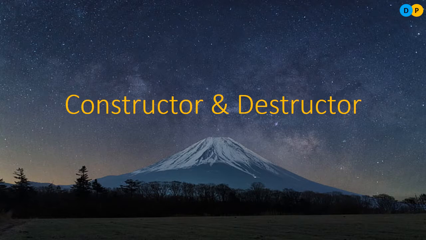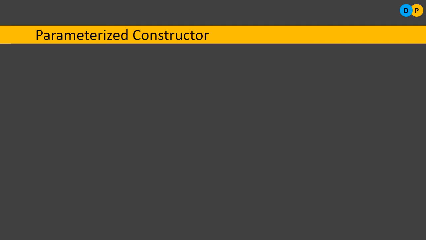So now let us understand what is parameterized constructor. In default constructor, we will not be using any arguments. So the special member function, that is a constructor, will not be having any arguments. That's why it is referred as default constructor, also called as zero argument constructor.